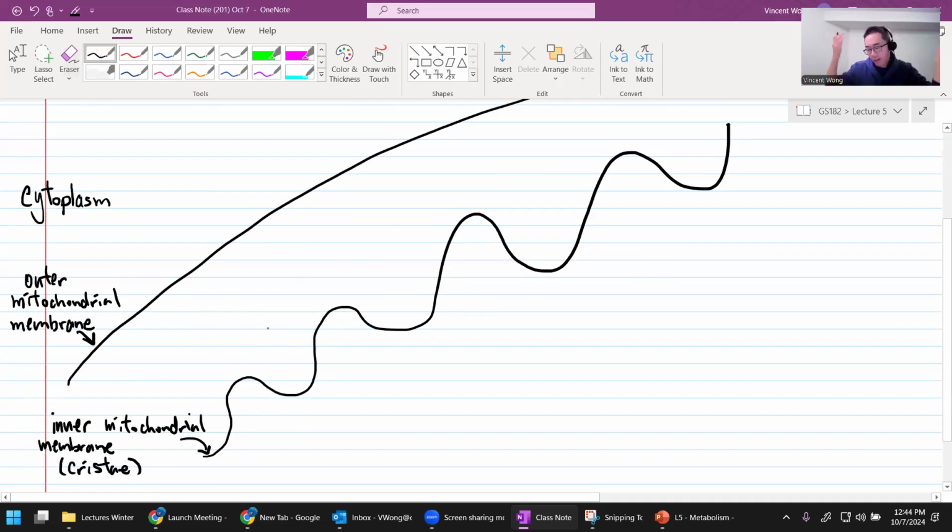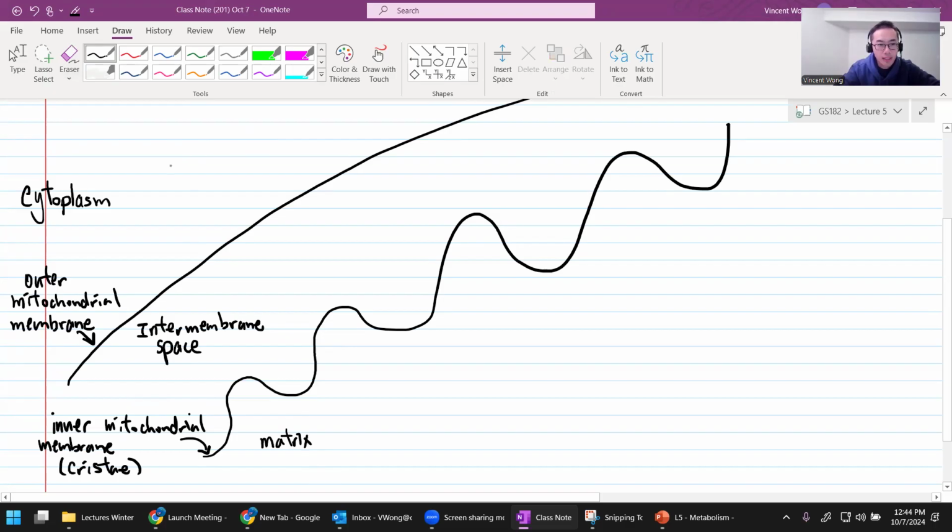Does anybody remember? I know it was a long time ago, but just try my luck here. What do we call this space? Thank you, Elvis. That's very helpful. This is the intermembrane space. And of course, this would be the matrix.